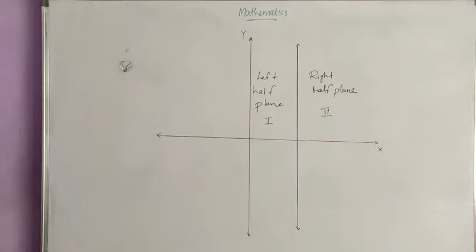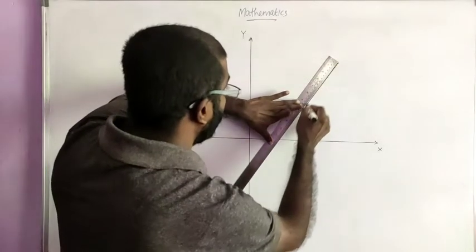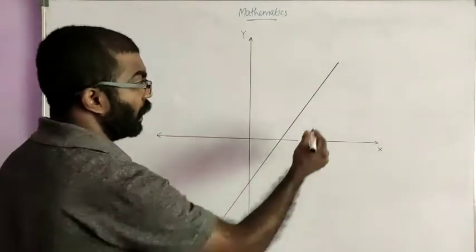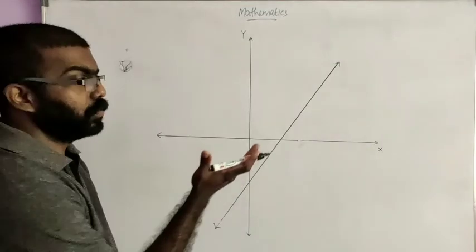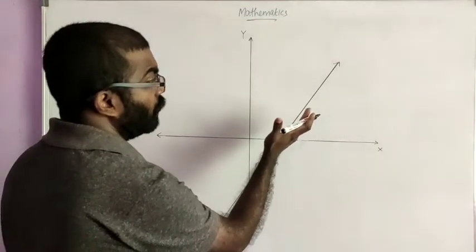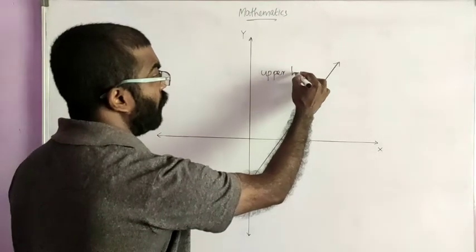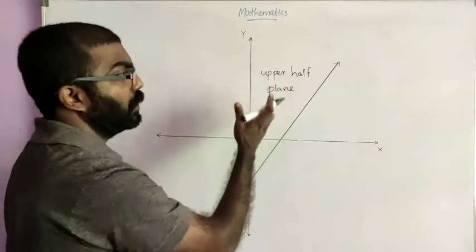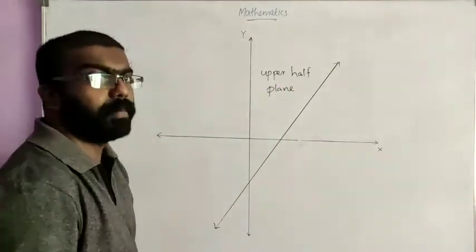Okay. And if we draw a non-vertical line, this is a non-vertical line, it divides the plane into two parts. One is the upper half plane. The upper portion or the upper part of the line is called the upper half plane.